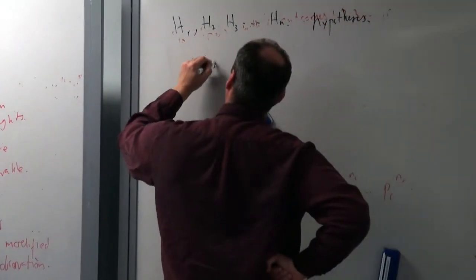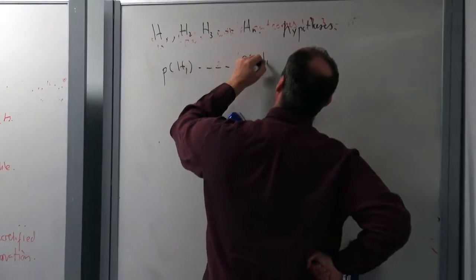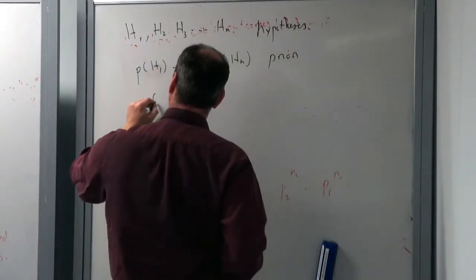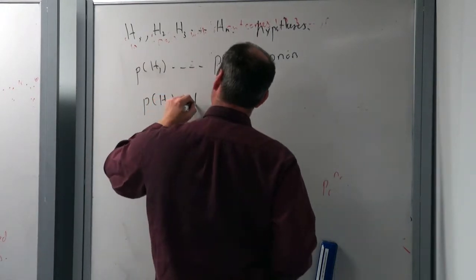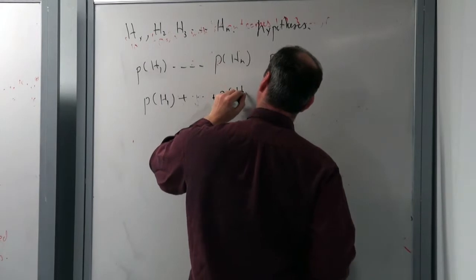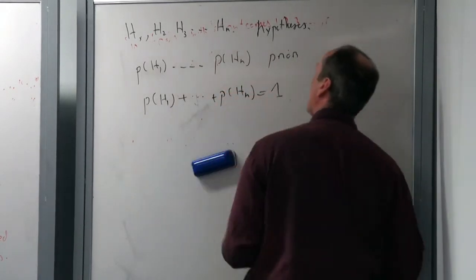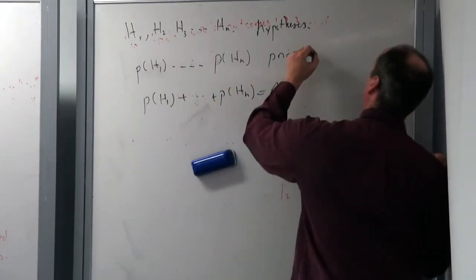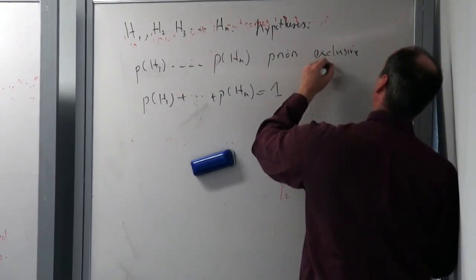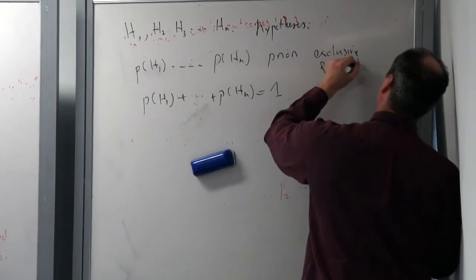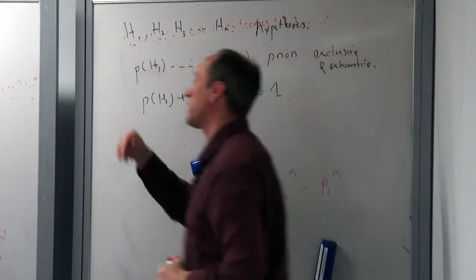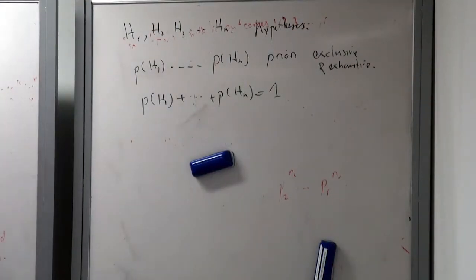P of H1 up to P of Hn are the priors. They are exclusive and exhaustive, so you know that exactly one of these hypotheses is correct, and you've got some opinions about it.